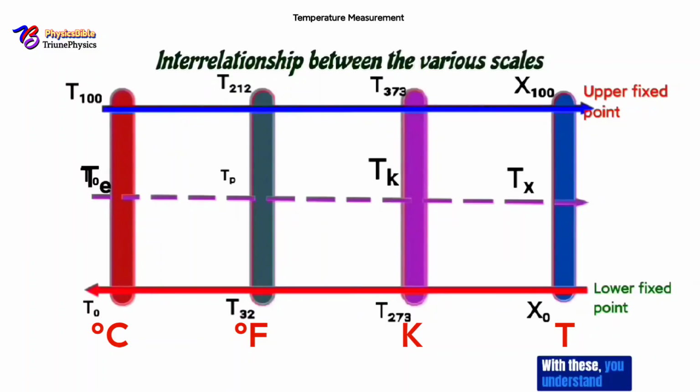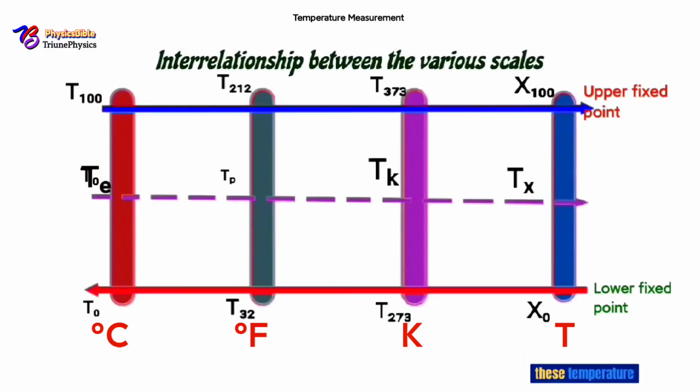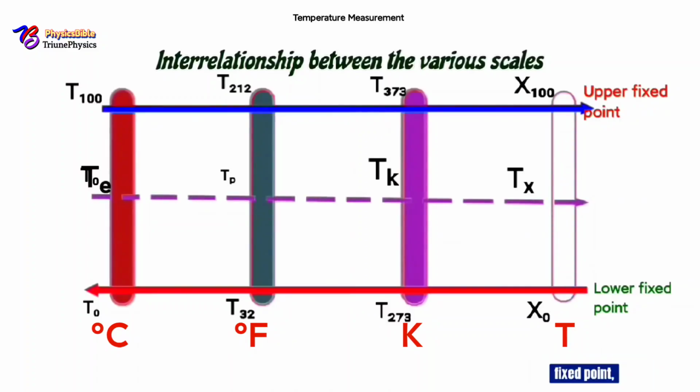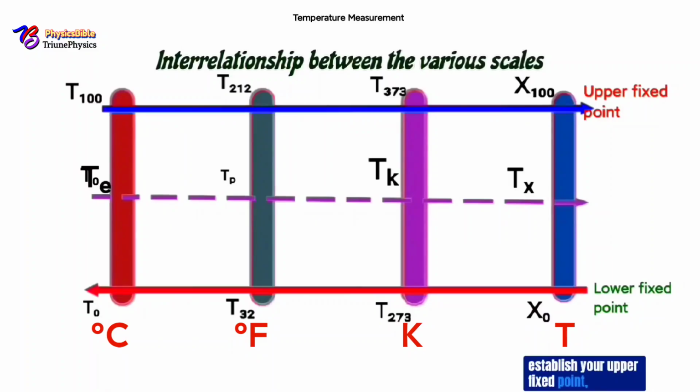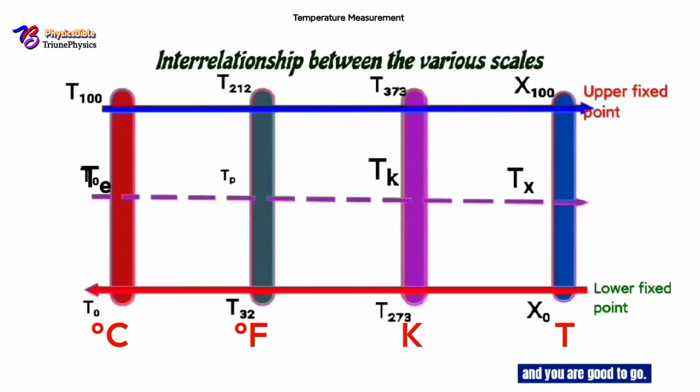With this, you understand that if you are asked to convert from any of these temperature values to another, all you need to do is to establish your lower fixed point, establish your upper fixed point, relate them to the other thermometer, and you are good to go.